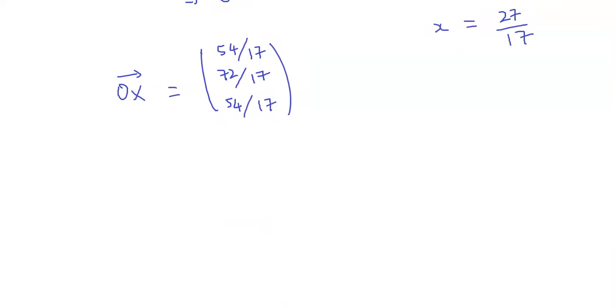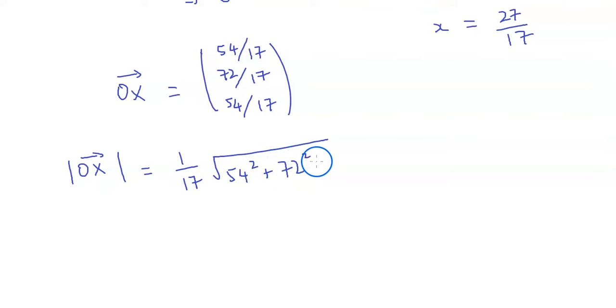And we just need to find the length of this vector. So clearly that's going to be 1 over 17 times the square root of 54 squared plus 72 squared plus 54 squared. And that gives us 18 times the square root of 34 divided by 17.